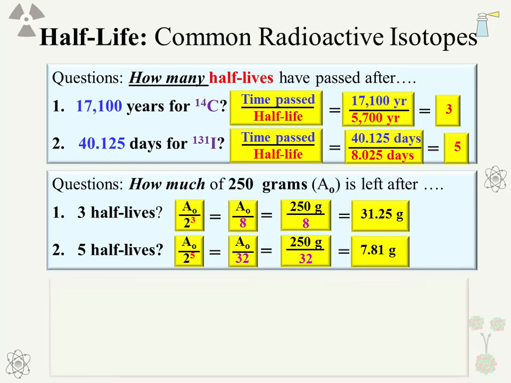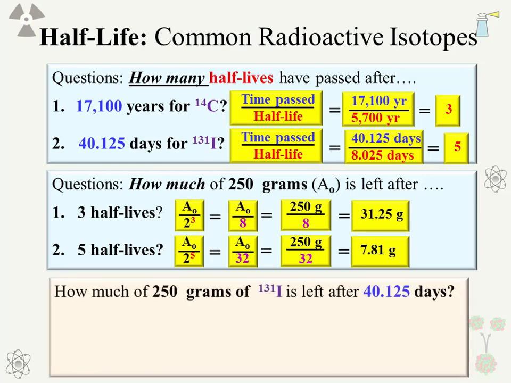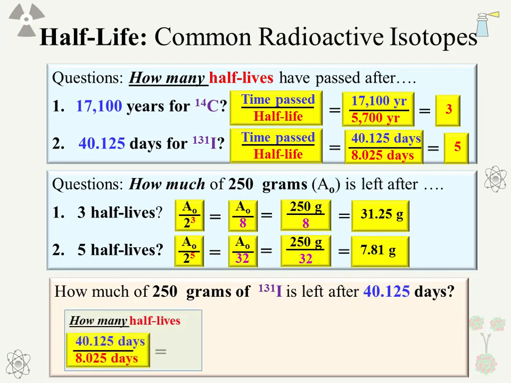A similar question: how much of 250 grams of iodine-131 is left after 40.125 days? This requires a similar process. It begins by determining the number of half-lives that have passed. Dividing time passed by 8.025 day half-life has 5 half-lives.